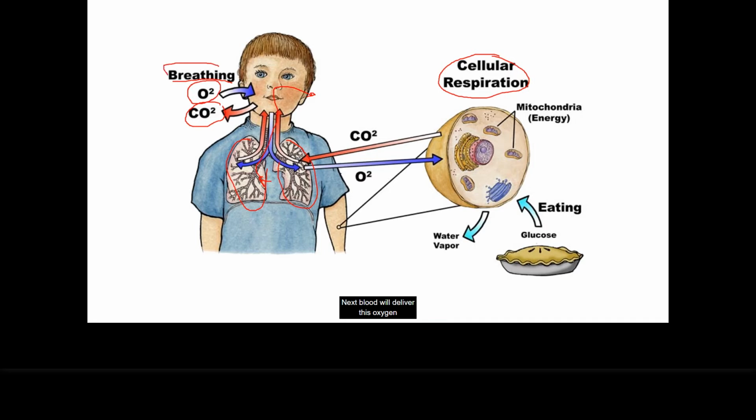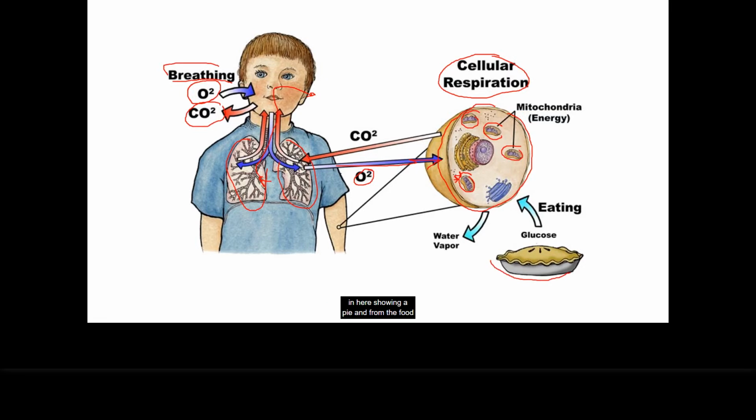Next, blood will deliver this oxygen to all the different cells in the body, and it will move to the mitochondria. Here there are a lot of mitochondria in each cell. This is one separate cell. Inside the cell, oxygen will be used by the mitochondria, but this boy is also eating some food, here showing pie.